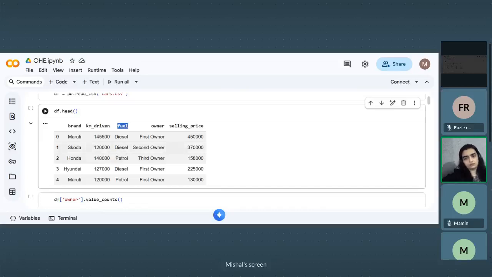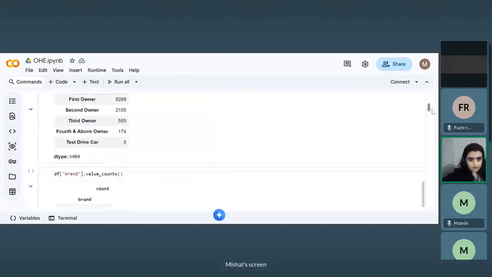It's some fuel which the vehicle is using, so it's nominal in nature. We don't need to capture any order there. And for brand too, I don't think there is a need to capture any sort of order, so we can consider it nominal.